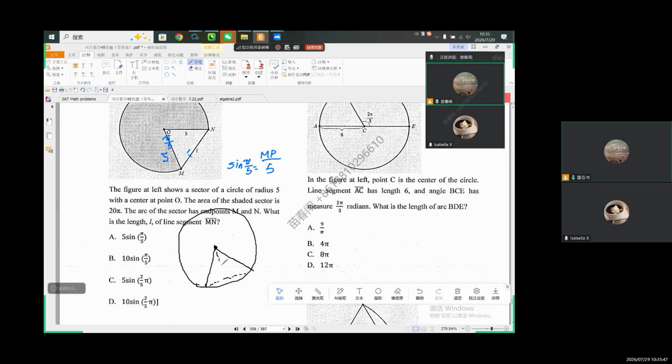Say 80% chance, or 70. Does it make sense? Because this is a beautiful line symmetry. It divides everything in the circle in half, and also divides everything in this triangle in half. So we divided it in half, and it's easier to find.